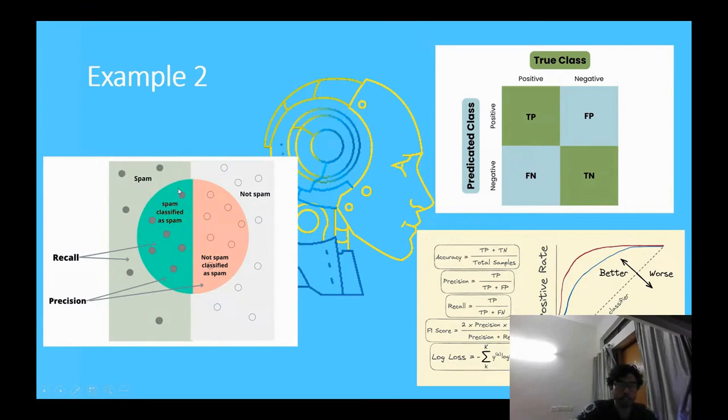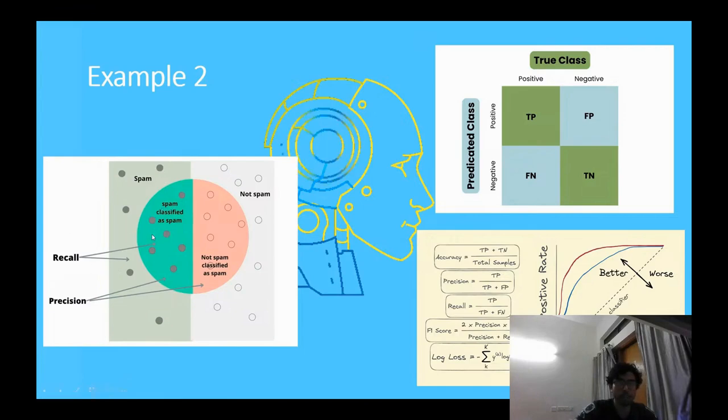So now, what is your model? Your model is classifying whatever is within this circular region as spam. In this green region, the examples are solid circles, which means they are actually spam, and your model is also classifying them as spam.